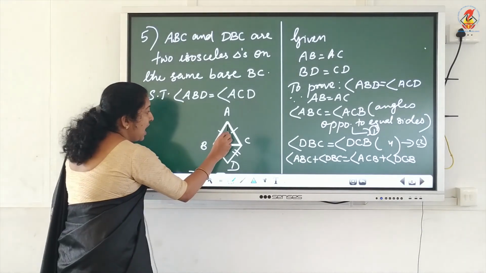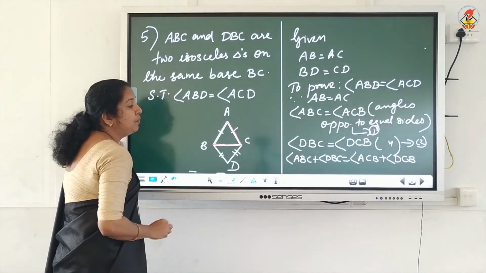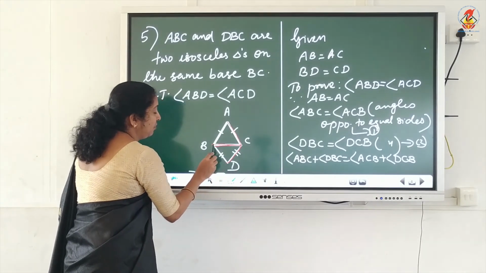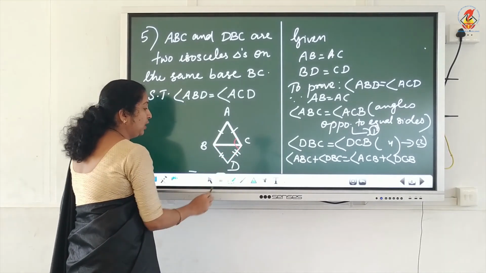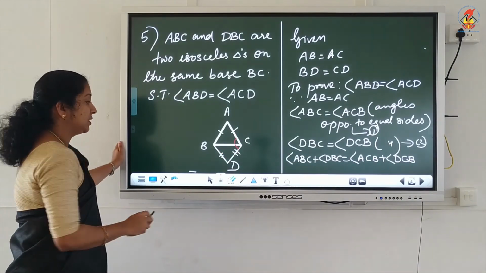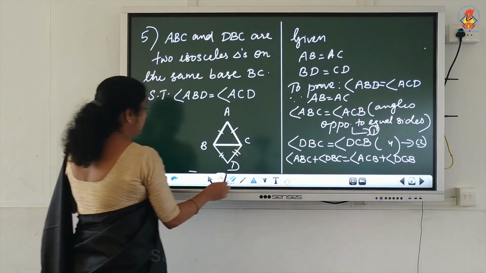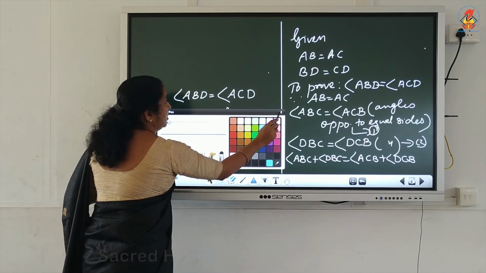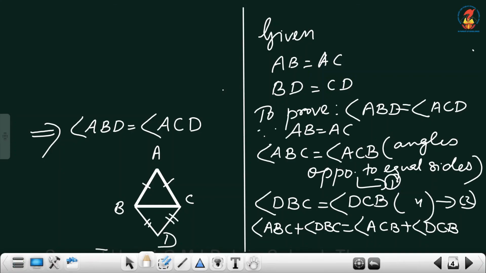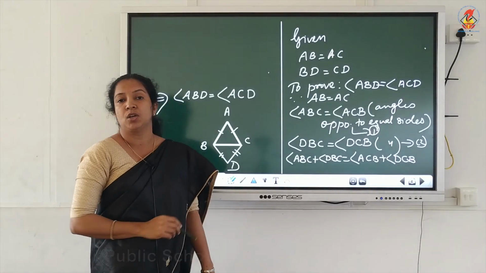Same way, angle ACB plus angle DCB, when you add this, what are you getting? This full angle ACD. That is the required answer. This implies that angle ABD is equal to angle ACD. This is the required answer.